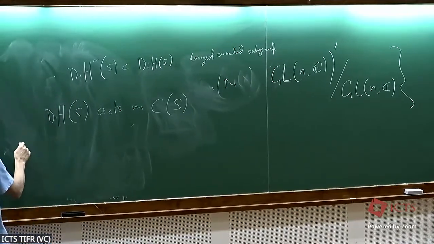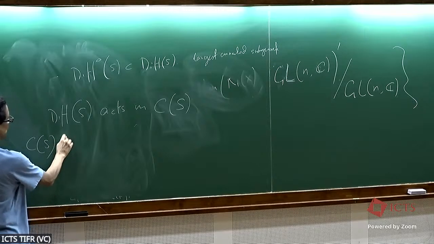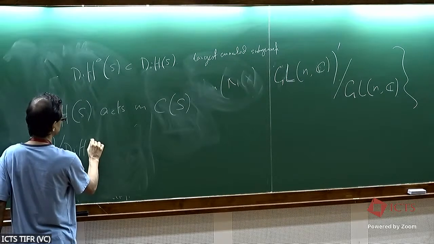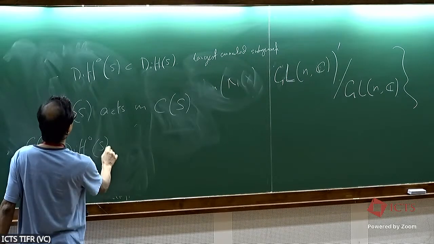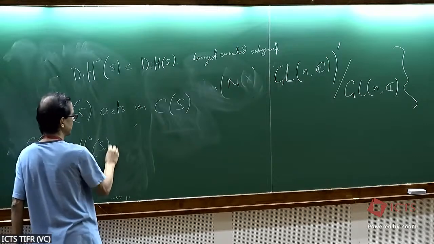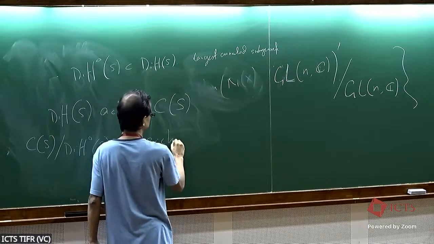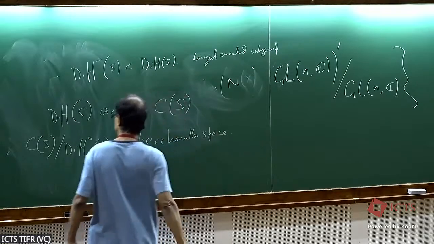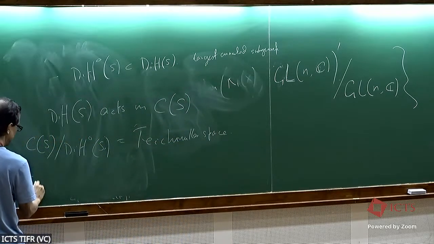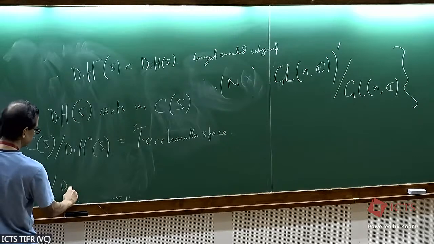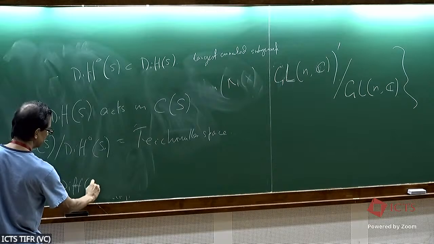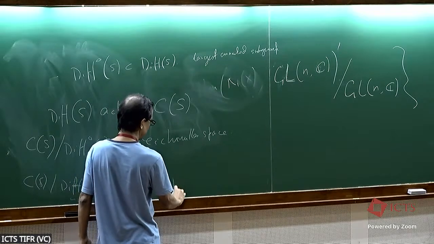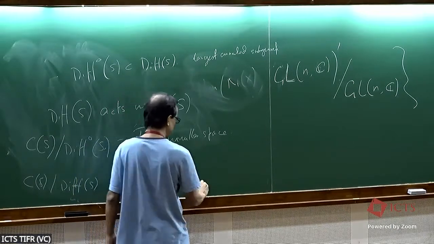So now C_S modulo the action of the subgroup Diff naught is called the Teichmuller space for S. And C_S modulo Diff S is a moduli space of genus g Riemann surfaces.